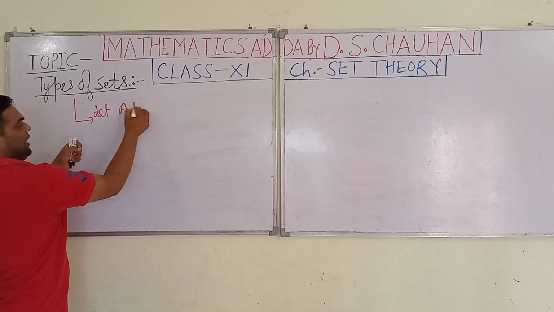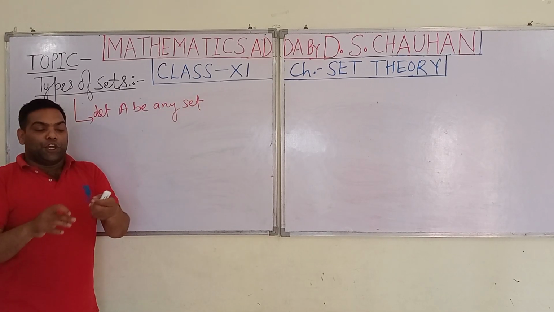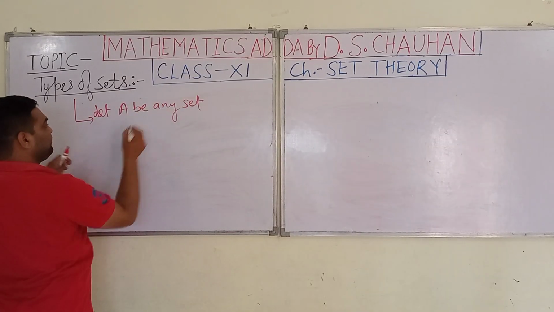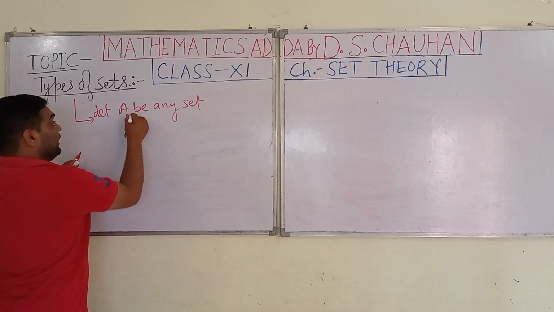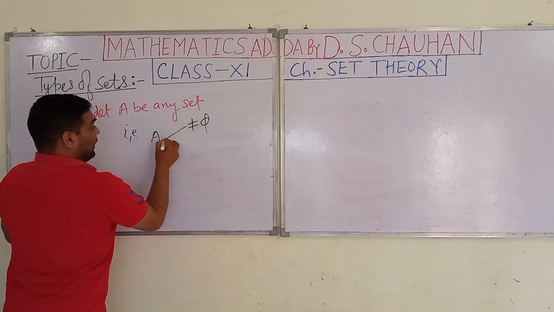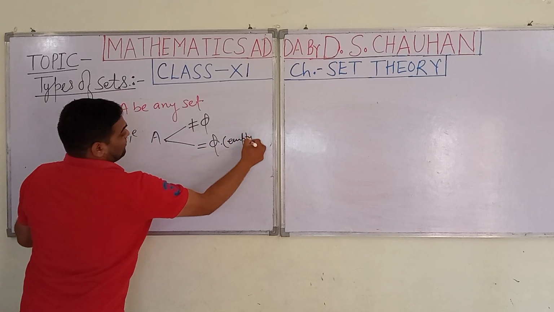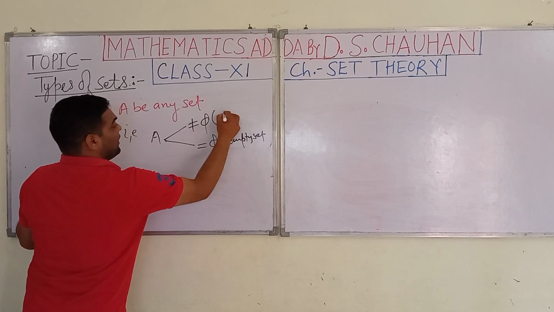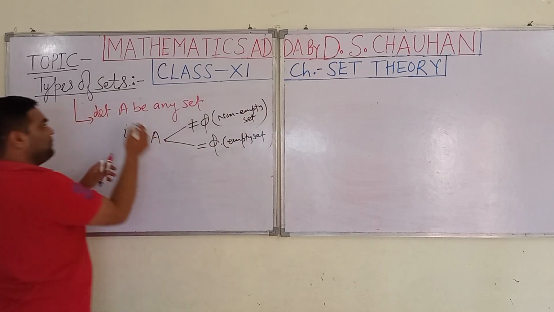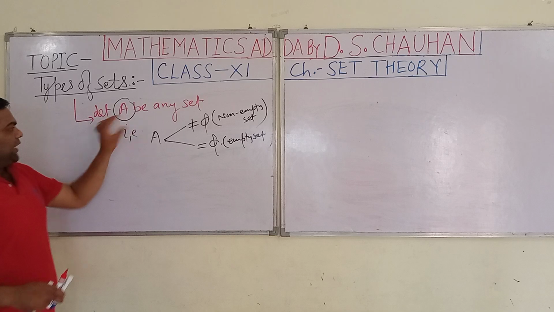Well students, now in this way it is clear to all of you that if you have a set, either it will be empty or non-empty. So suppose it has been given, let A be any set, then always you have to keep the idea in your mind that either the set will be empty or it will be non-empty.